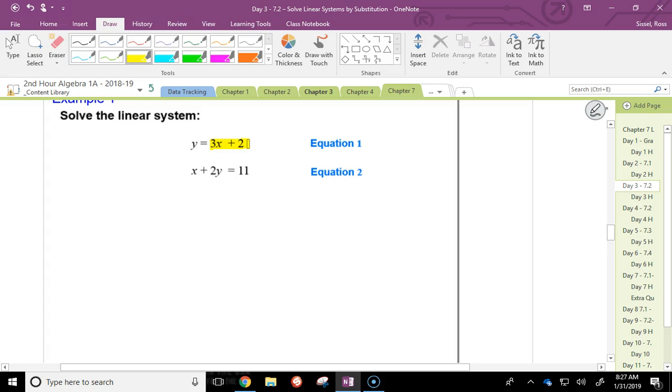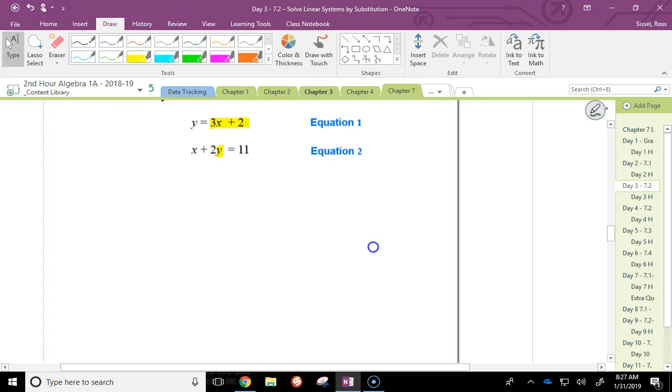So we are going to take that, and I'm going to go to my second equation, and instead of writing a y, I'm going to substitute 3x plus 2. It's the same amount, just written differently. So when I rewrite this equation, I would say x plus 2y.